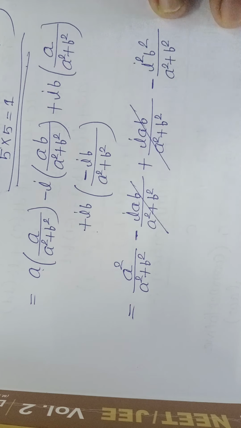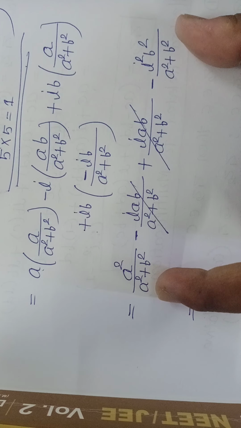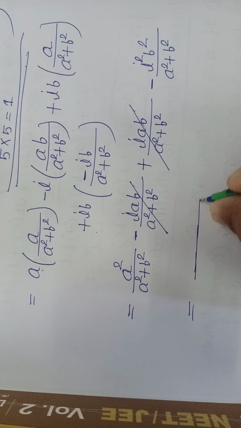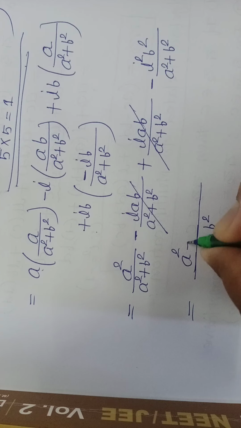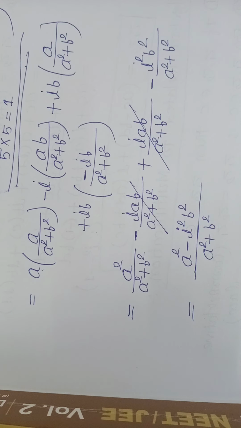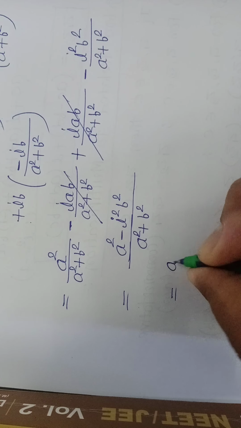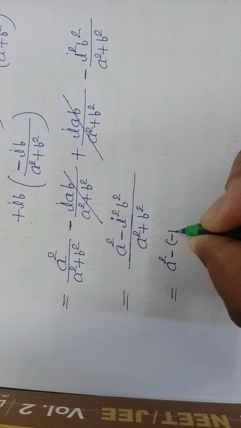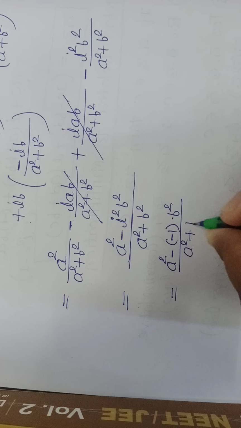Now these both terms cancel there. What about this subtraction? A square plus b square is the common LCM. Now what has the numerator become? a square minus i square b square, right? But we know very well i square is minus 1, so a square minus 1 into b square upon a square plus b square.